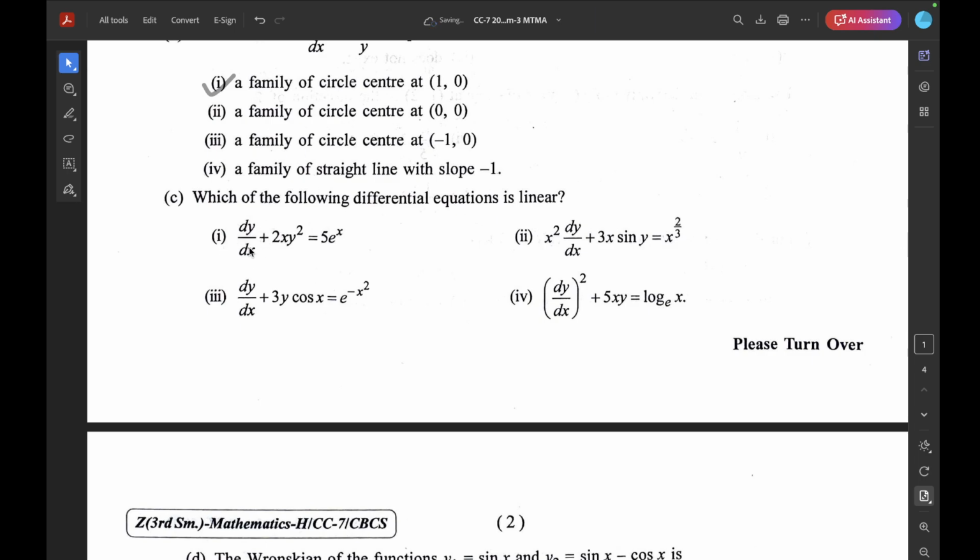Here dy/dx is linear, but 2xy² is non-linear because of the presence of the term y². Here dy/dx is linear, but sin y is a non-linear term, so this differential equation is non-linear. And here (dy/dx)² is also a non-linear term. So the only correct option is 3. So 3 is the only linear differential equation.